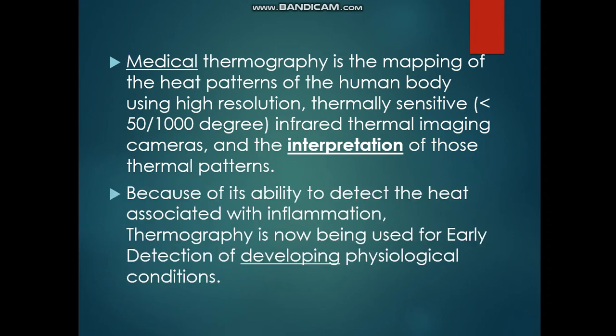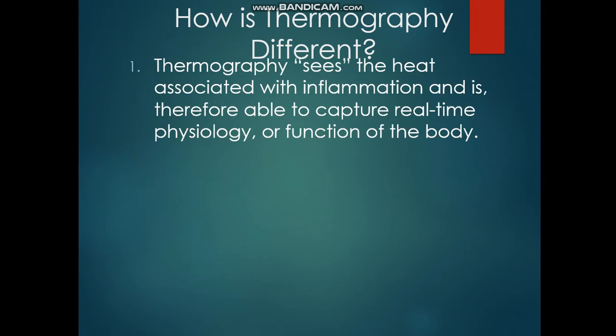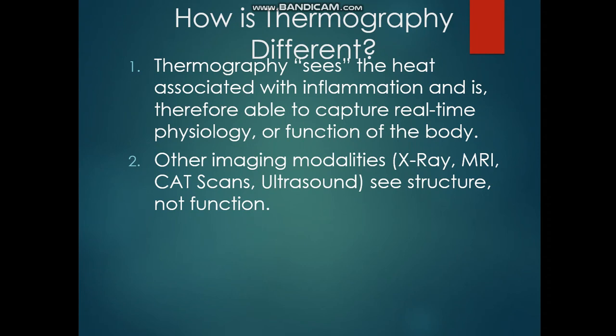Because of its ability to detect the heat associated with inflammation, thermography is now being used for early detection of developing physiological conditions. How is thermography different? First, thermography sees the heat associated with inflammation and is therefore able to capture the real-time physiology or function of the body.